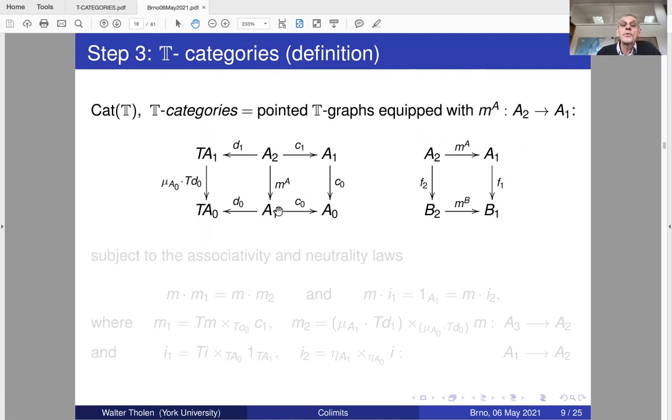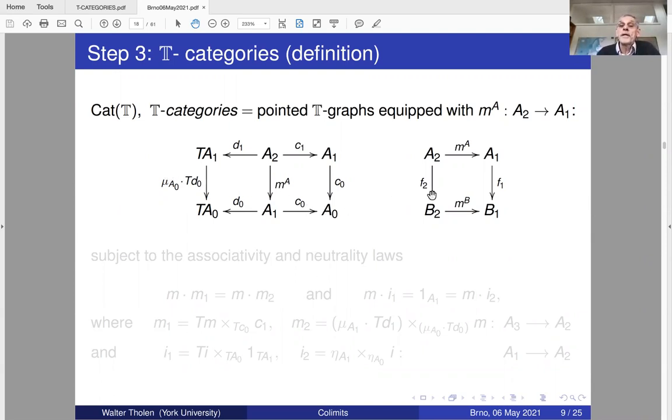It has to provide the correct domain to the composite. The only hiccup here is that you have to bring in the monad multiplication, just as you would do for a Kleisli composition to make things work.